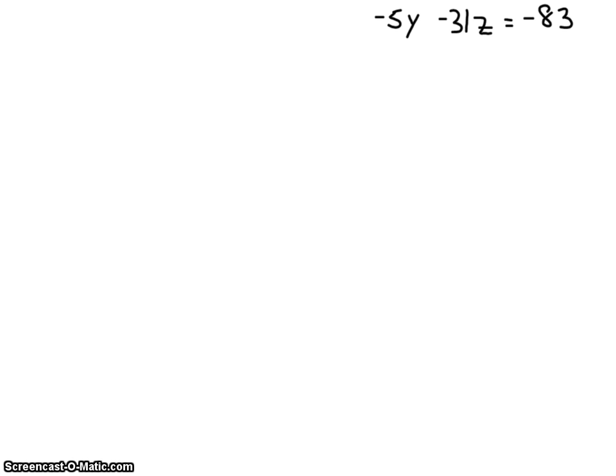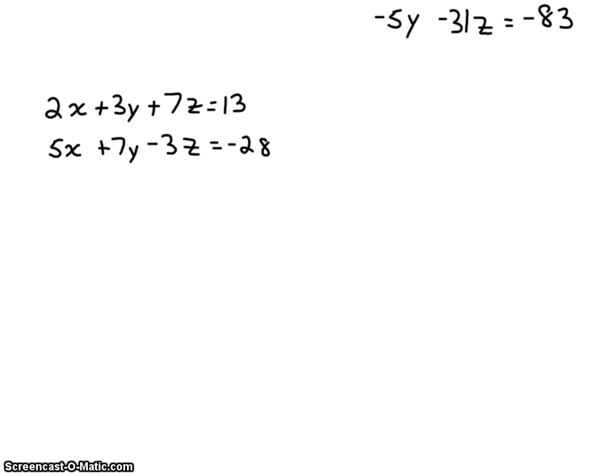So we'll set up with equation 1, 2x plus 3y plus 7z equals 13. Equation 3, 5x plus 7y minus 3z equals -28.